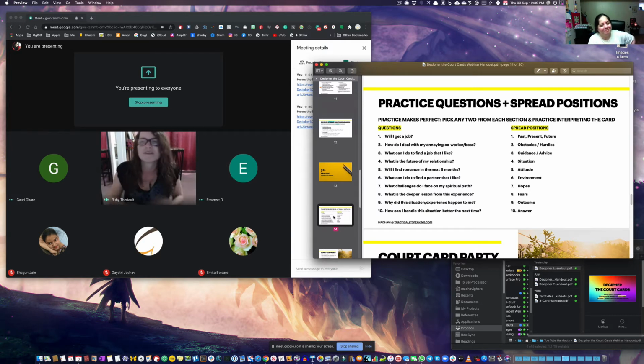Awesome. See, we can play around with this, right? Whatever position the card shows up in, you can change that. If it's reversed, make it upright, and just look at that. It shows you so much in terms of interpreting.